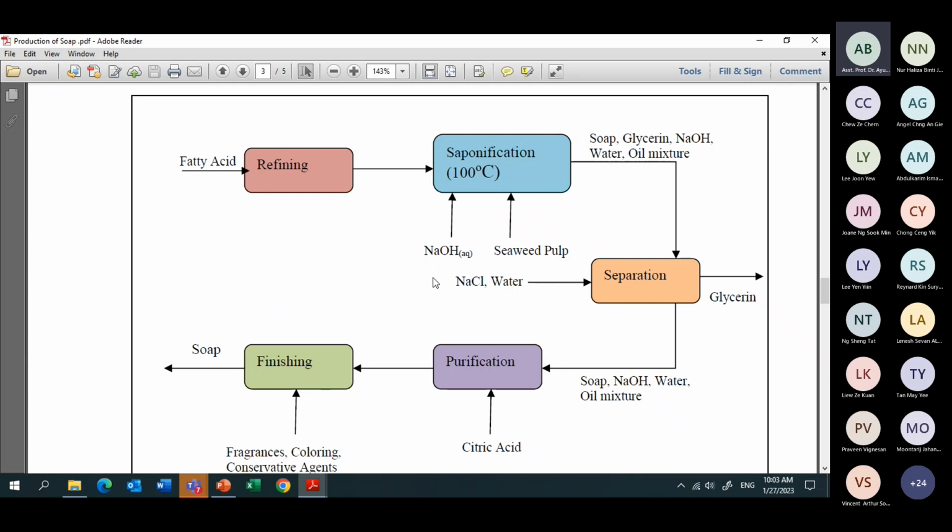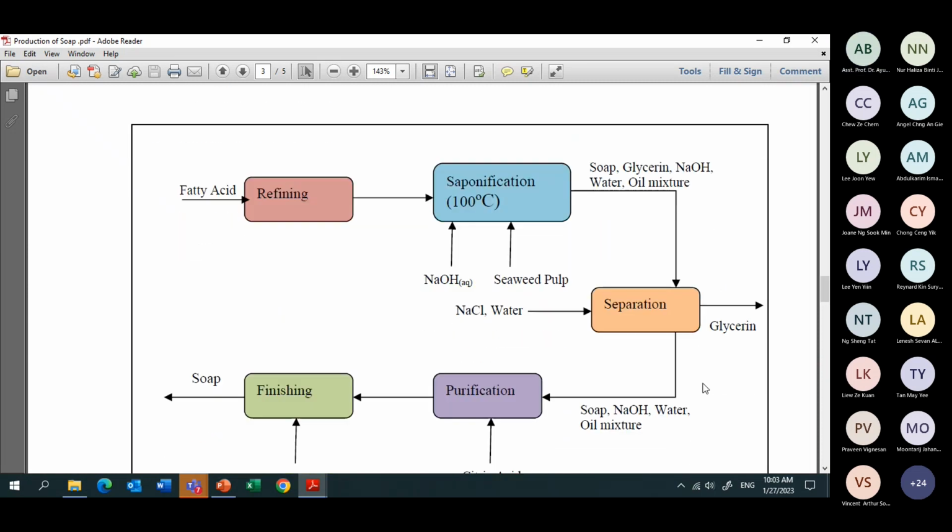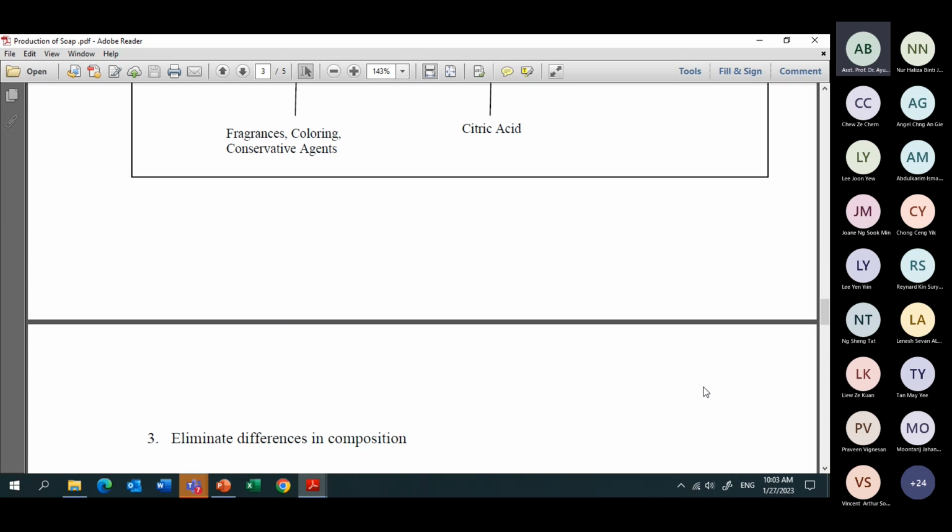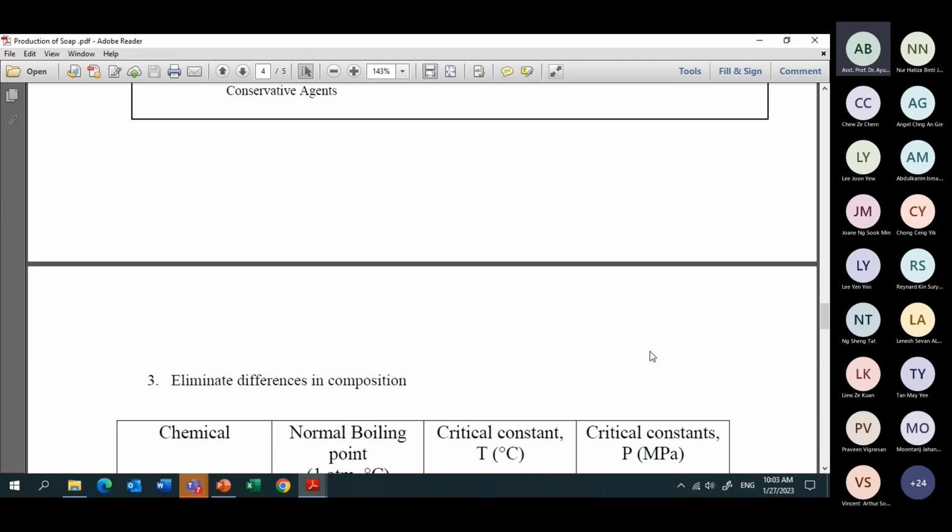Anything going into your process is considered as input. Anything released or produced from your process is considered as output. After that, only then you categorize whether it is byproduct or main product.